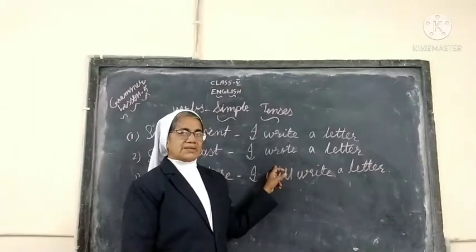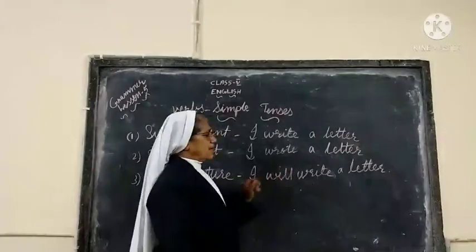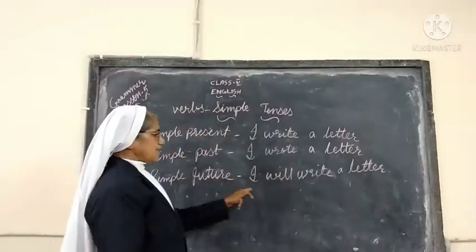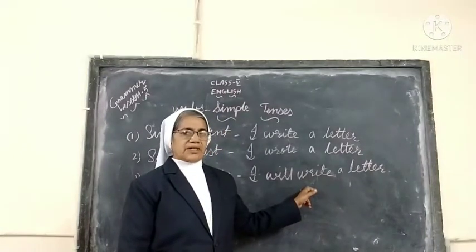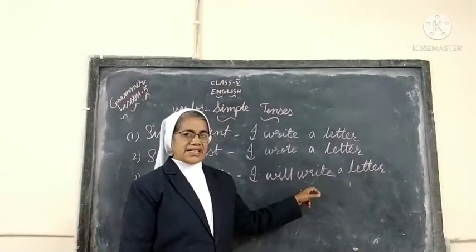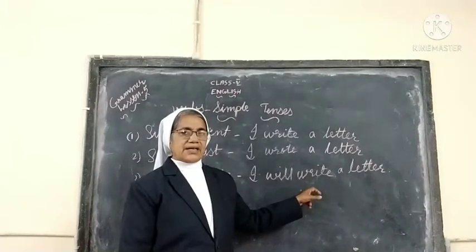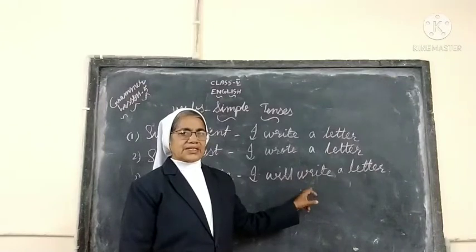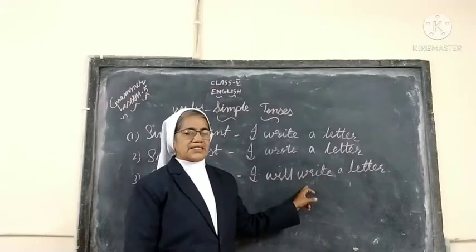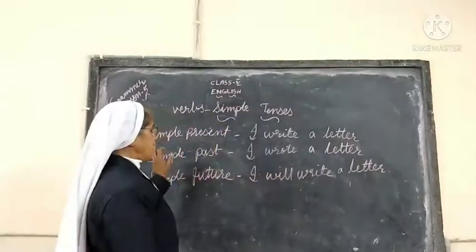So this sentence is in simple past tense. And the next sentence, I will write a letter. What is the verb here? Will write. This verb is in future tense, so the sentence is in simple future tense.